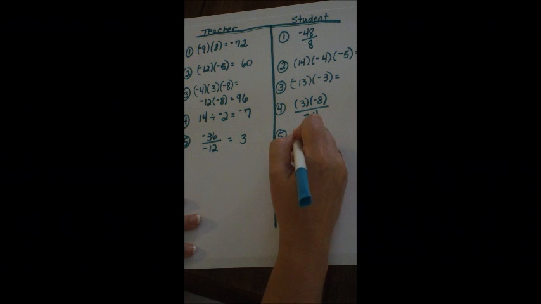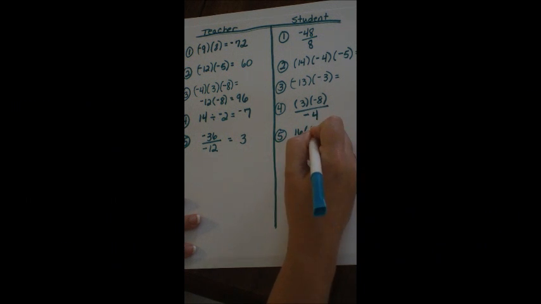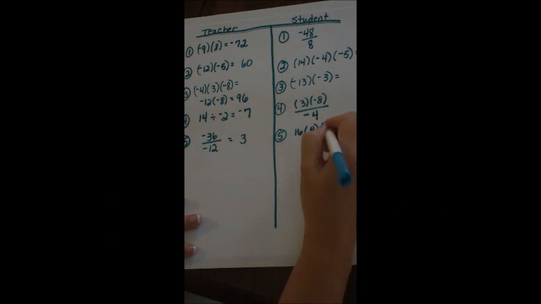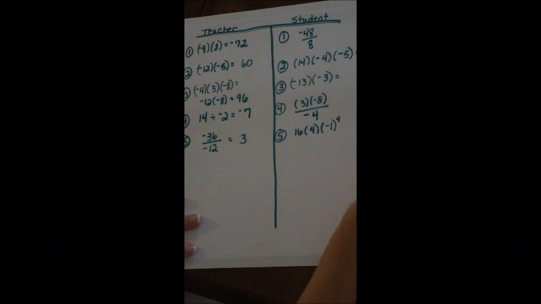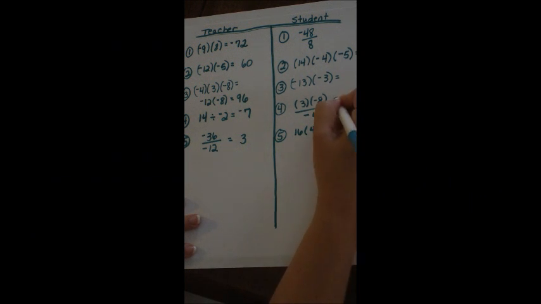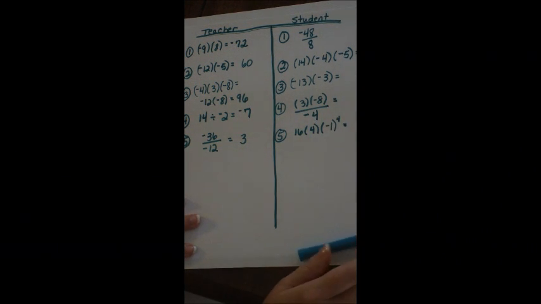Let's do 16 times 4 times negative 1, here we go, to the 4th power. This means negative 1 times negative 1 times negative 1 times negative 1. Okay? Get those completed and bring them in to class tomorrow.